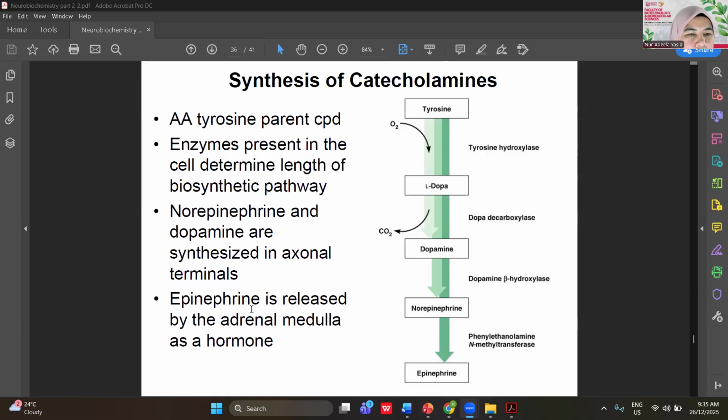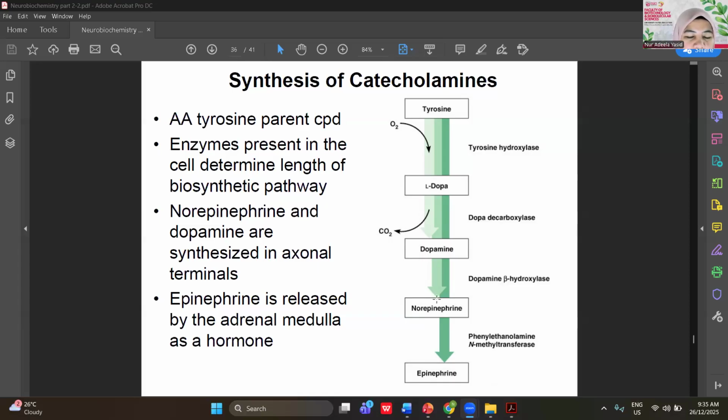So let's look at the synthesis of catecholamines. This begins with the amino acid tyrosine, which serves as the parent compound. Then we have the stepwise enzymatic pathway. It starts with tyrosine hydroxylase, which converts tyrosine into L-dopa. Then dopa decarboxylase converts L-dopa into dopamine, and dopamine beta hydroxylase converts dopamine into norepinephrine.